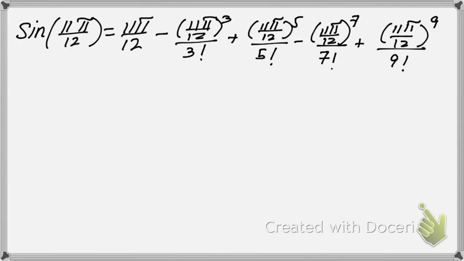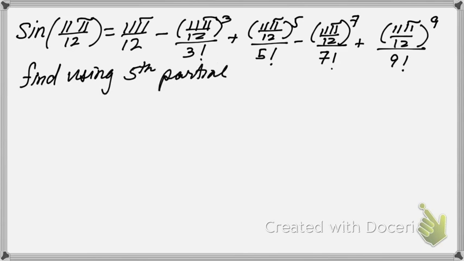And if we're going to use this series to evaluate this, it has to be specified. So it might be specified to find it using the fifth partial sum, which simply means that I want to use 5 terms. And you can see that I've got 5 terms there. And then that becomes a calculator entry.